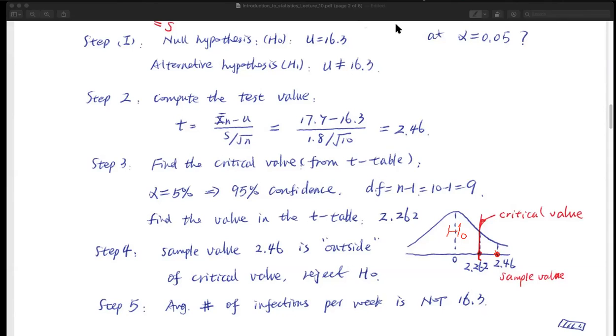So we can continue to do this. Why? Because this hypothesis test here is one side or two side? It is two side. So there's another one here corresponding, negative 2.262.